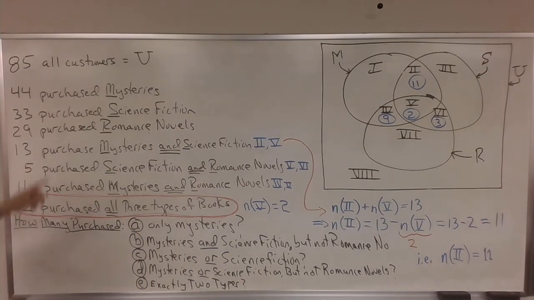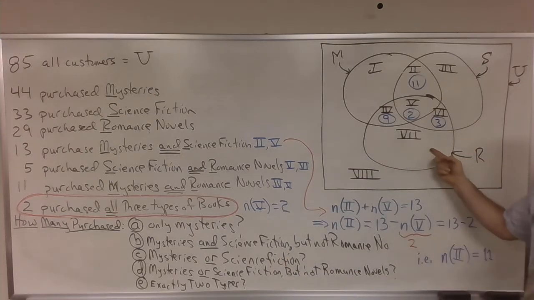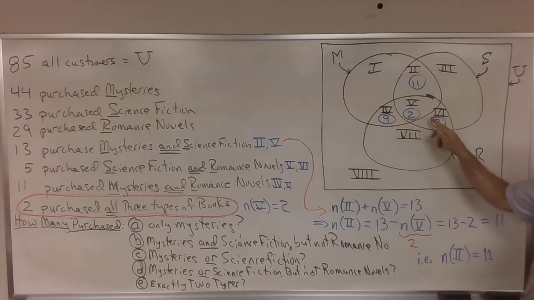Let's see, is this going to tell us anything? 29 purchased romance novels. Oh, son of a gun, it is. Romance novels. Let's look at the romance novel circle. The romance novel circle includes region 4, region 5, region 6, and region 7.